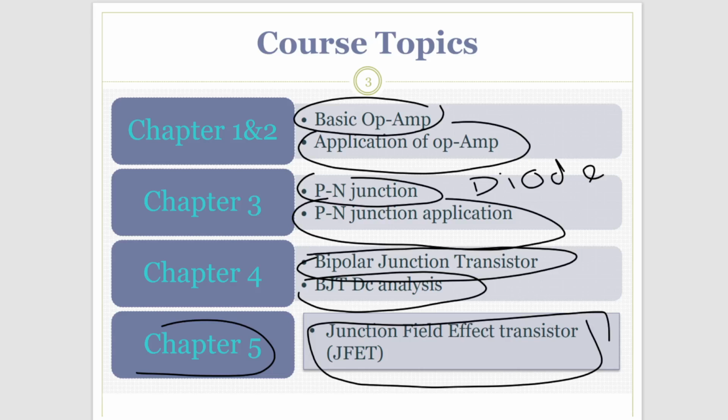So we are going to talk about the calculation of these components, the insertion of these components in the circuit, and the resistors that we need to connect with these components, and the values of these resistors, etc. Okay, so this is the content of this course.